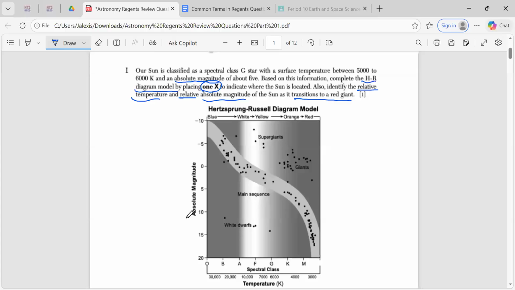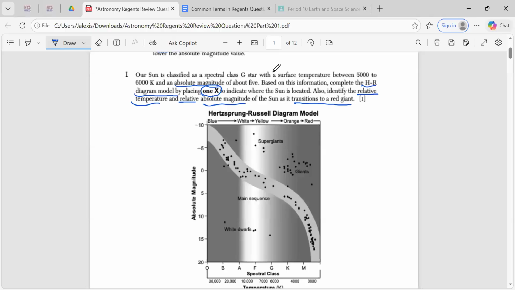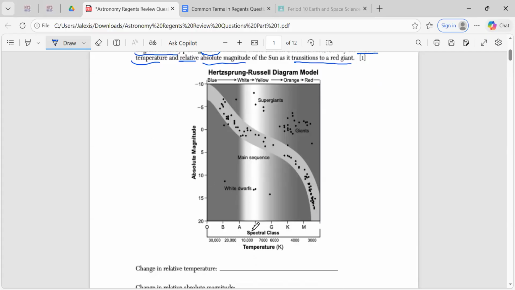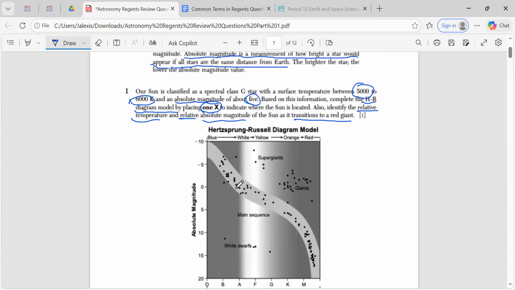Okay. So let's start with the first thing. They tell us our sun has a surface temperature between 5,000 and 6,000 and an absolute magnitude of about 5. We have to draw one X to indicate where the sun is located. Well, what did they tell us? The sun is between 5,000 and 6,000. They also tell us it's a spectral class G star.